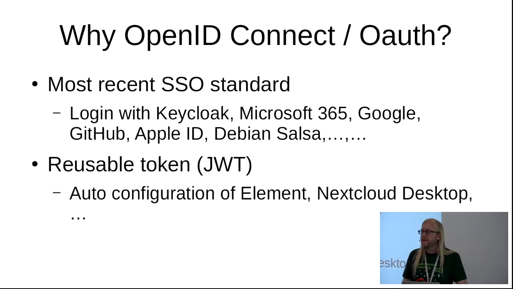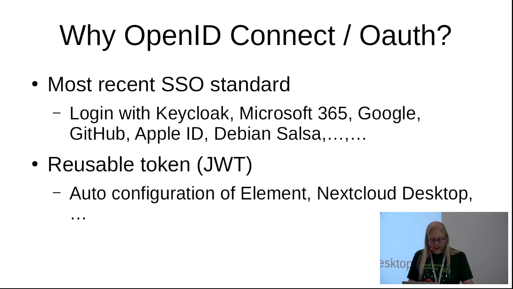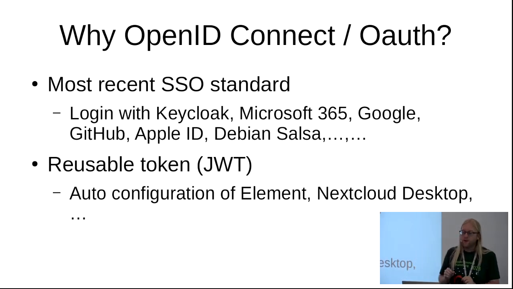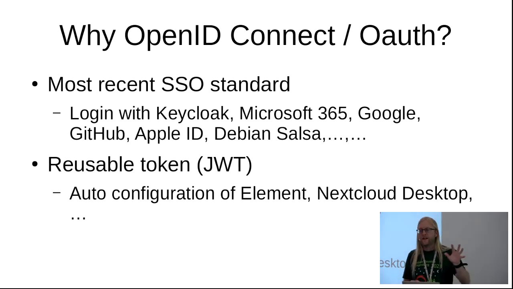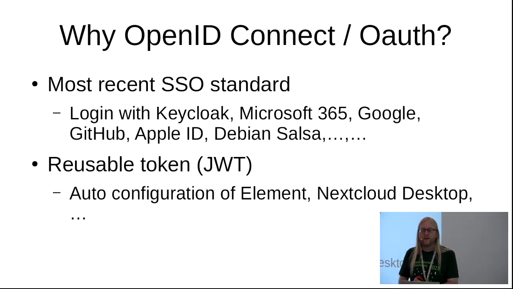In this case, this is specified as a JSON Web Token, which is more or less a JSON object that is cryptographically signed. And yeah, we can use this token and pass it around once we got it, and we can pass it on to the Element application for a Matrix chat or to the Nextcloud desktop application to get file syncing to work and all of that nice stuff.